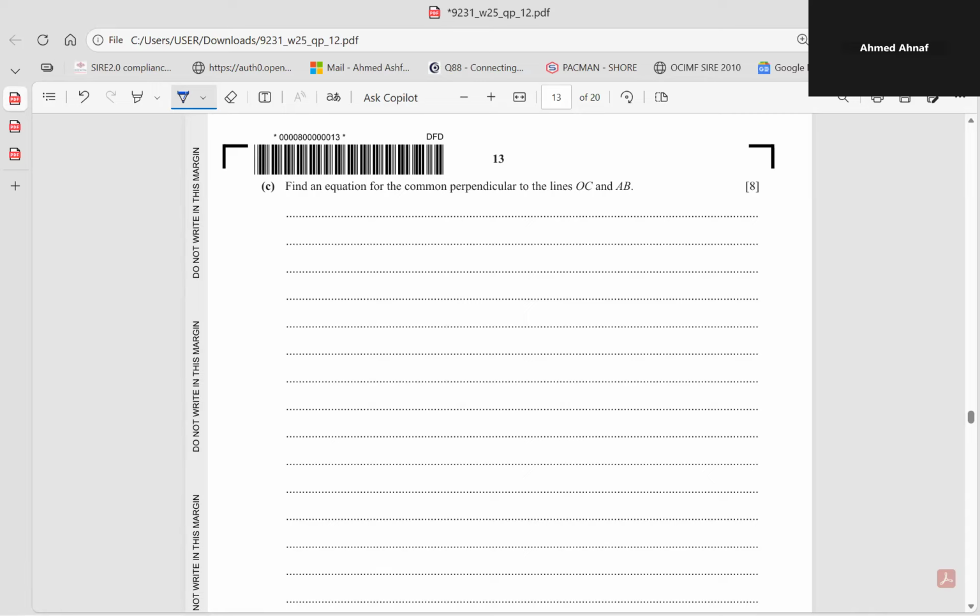Okay, so for this last part, we are told to find an equation for the common perpendicular to the lines OC and AB. All right, so to understand how the common perpendicular looks and to find the equation, let's draw a diagram. So this is OC, this is AB.